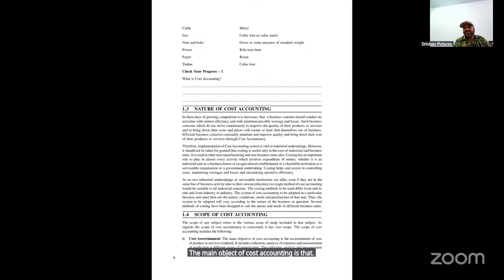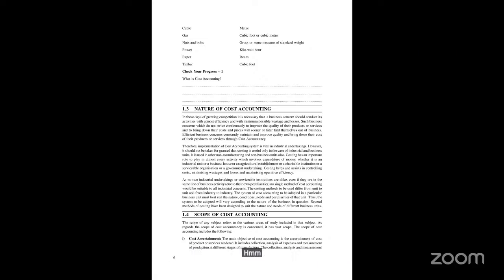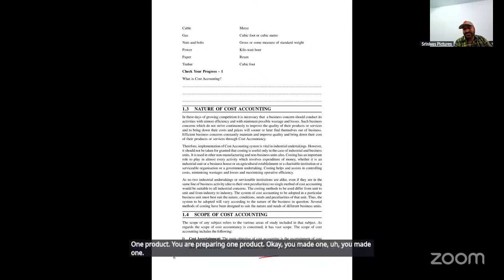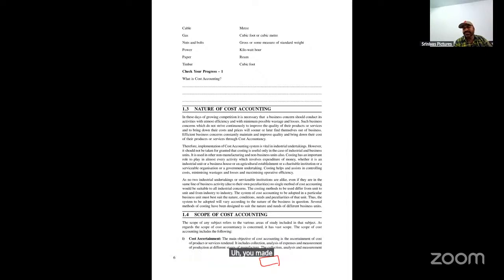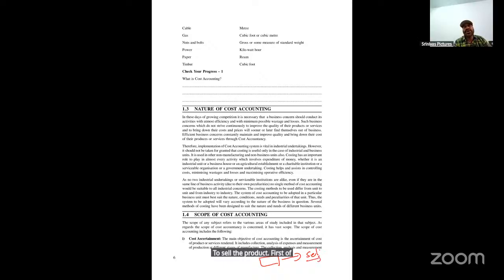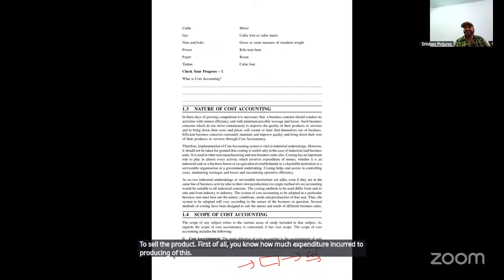Cost assignment means what? For example, you are manufacturing one product. To sell that product, first of all you must know how much expenditure was incurred in producing it.